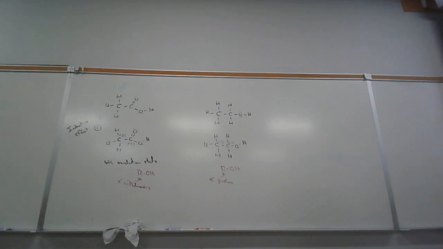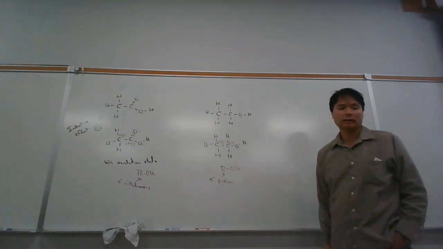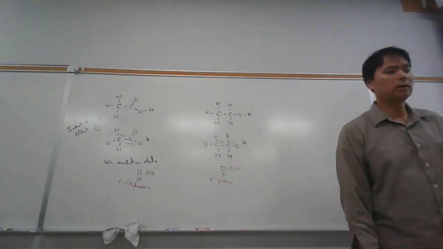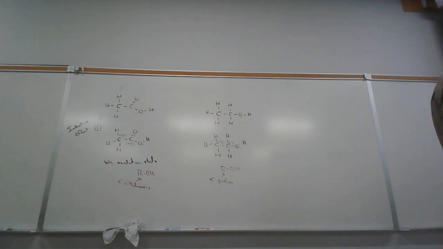I don't like donating because it mixes up Lewis. This is not Lewis. This is for substituent. So I learned it as pusher. And I don't like releasing because then it sounds like redox. So I'll just continue using pushing.